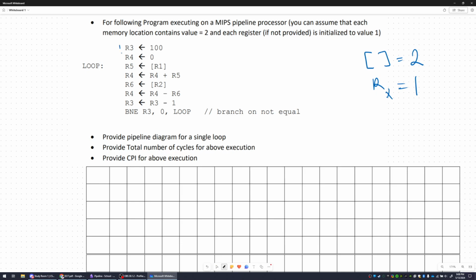So 1, 2, 3, 4, 5, 6, 7, 8. R type, R type. Don't forget that these are R types even though there's no plus because there's no brackets around these. So these aren't L types.